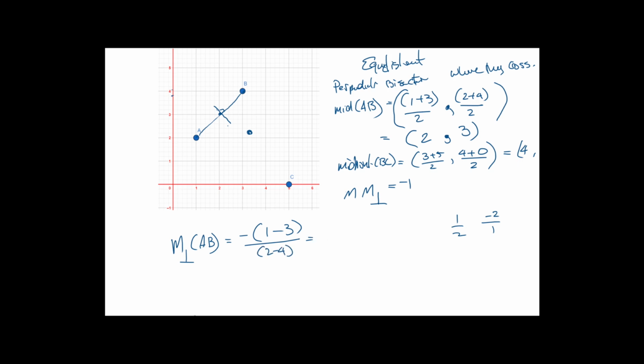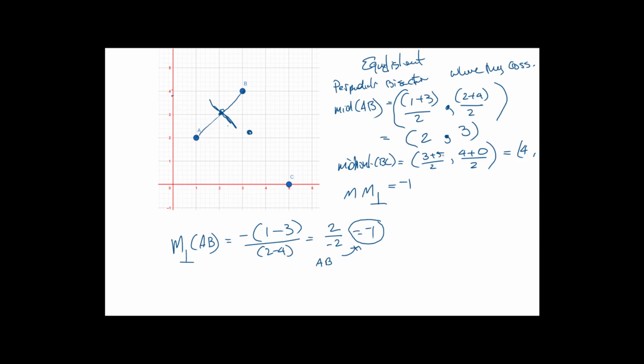Now we've got a little bit of a problem with our addition and subtraction, but it's negative 1 plus 3, so that's positive 2 over negative 2, which is negative 1. So that's our gradient for the perpendicular bisector of A and B. In other words, it's that line there. That's the one we're going to keep track of till a bit later on.